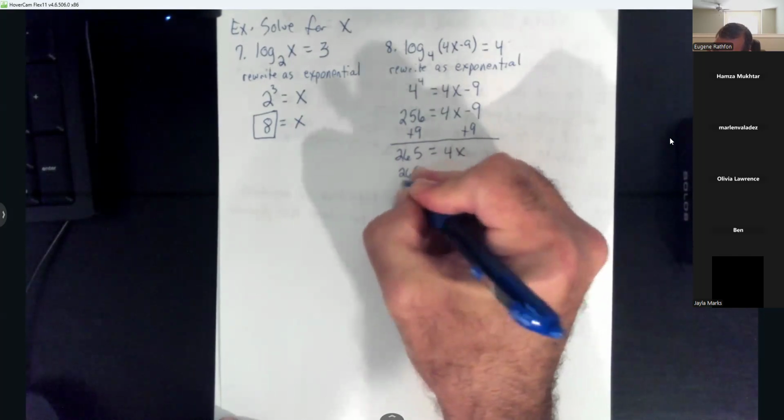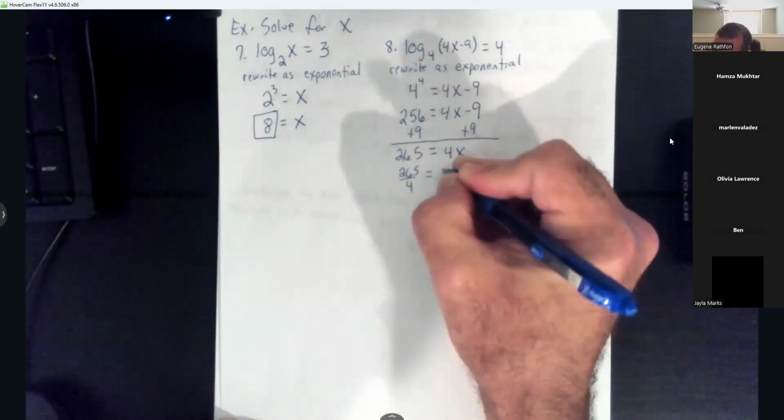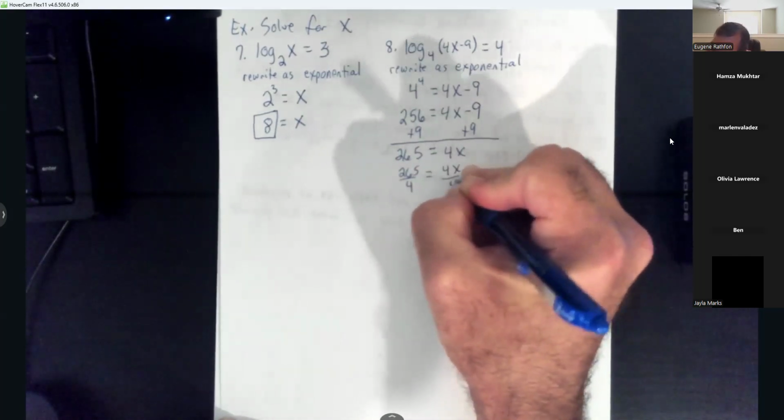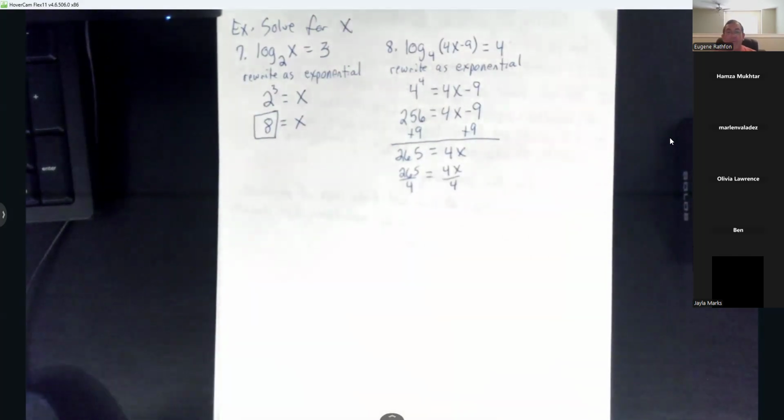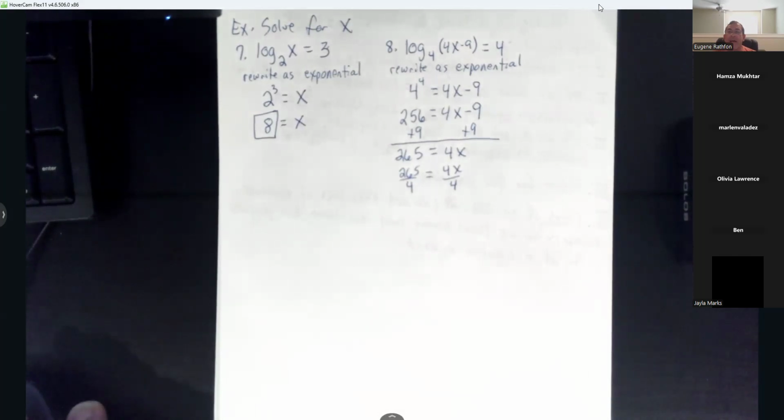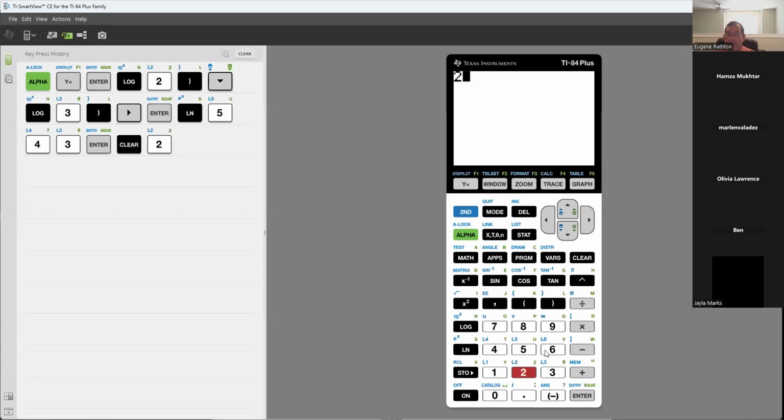So 265 divided by 4 will equal my 4x divided by 4. All right, y'all. So let's see. 265 divided by 4 equals 66.25. That'll equal our x.